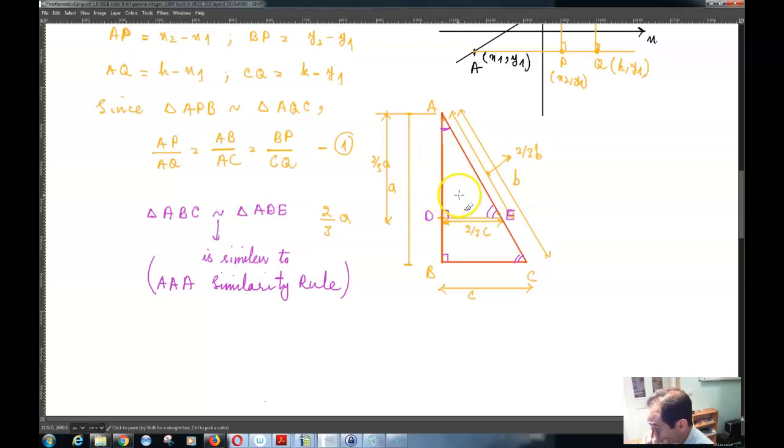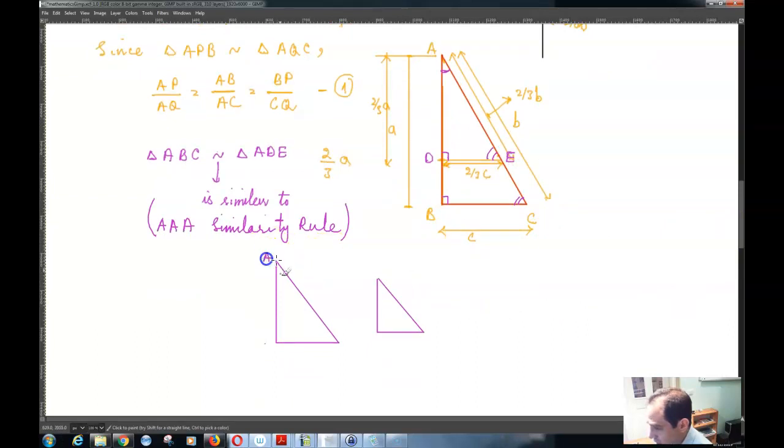Meaning that, if you say that ABC is similar to ADE, then the two triangles that you will get are this triangle and this triangle that is a little bit smaller. Suppose that this is ABC and this is DE. In these two triangles, these two sides are corresponding, and these two sides are corresponding.